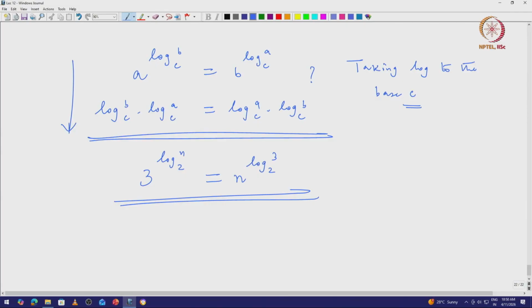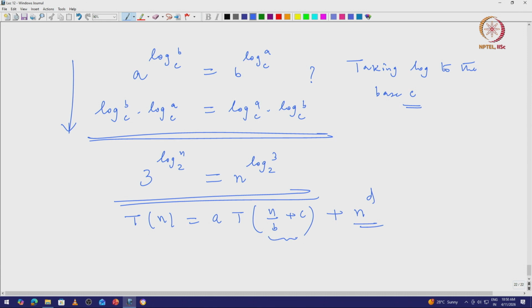Okay? And quickly we will see how this can be extended for something which is general. For example, if I have T of n equals a times T of n by b plus c plus n power d, whatever it is.